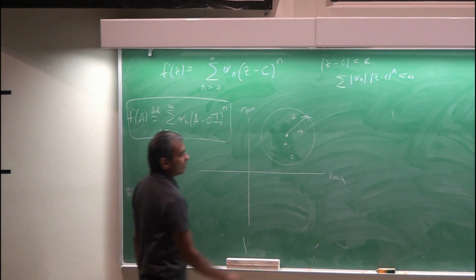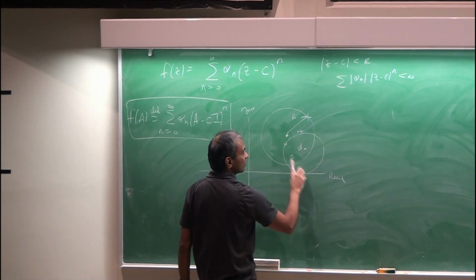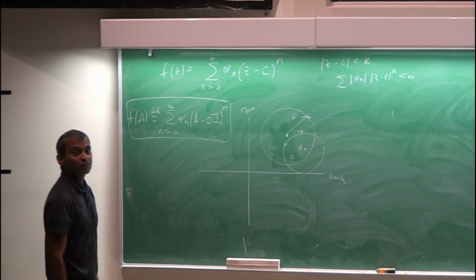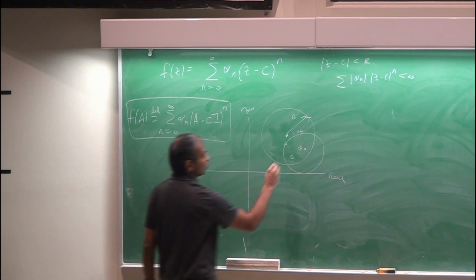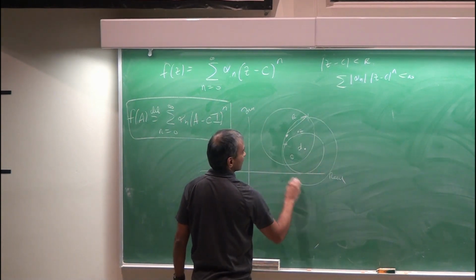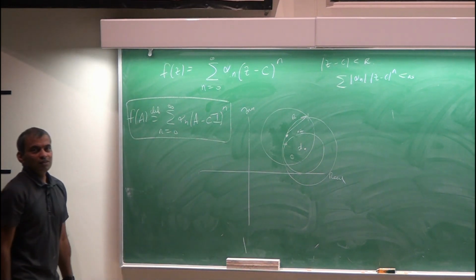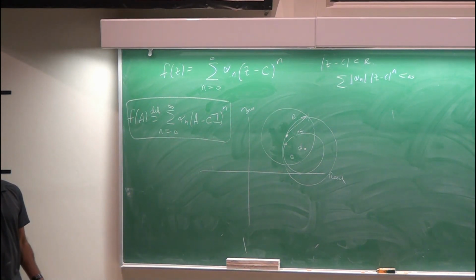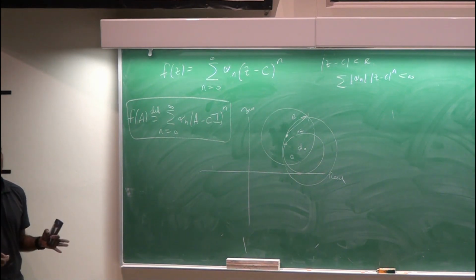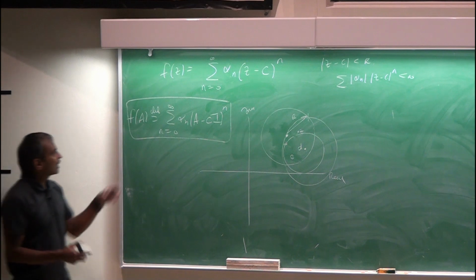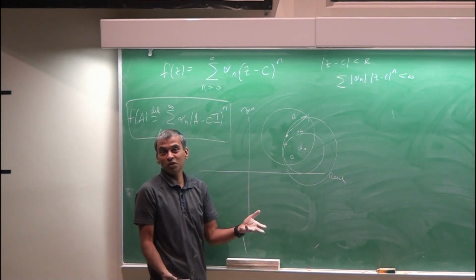But now if I pick another center and find another power series expansion for log z, you'll still be able to do it. But this power series will extend now all the way until it touches the next pole. So you've extended the log z from here to there. But it's a different power series now. It's not the one that you started with. It's the same function, but it's a different power series. So it's not clear, when you talk about f of a, which power series should I use? The one corresponding to this, the one corresponding to that, which one should I pick?